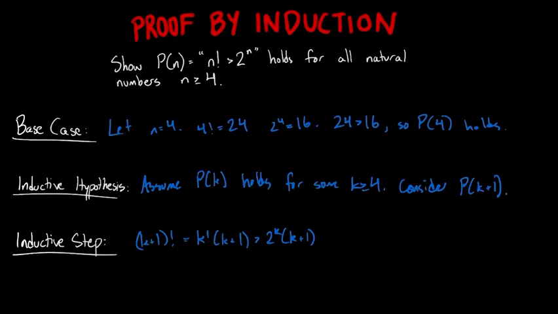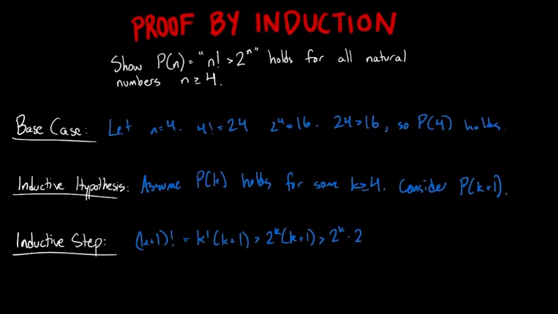Now, the next step that we can take is that we'll notice that since we're starting at 4, take 4 plus 1, plug in 4 as your k. Then even at the smallest term that we're starting with, 4 plus 1 is equal to 5, which is going to be greater than 2. So we can write that this is greater than 2 to the k times 2.